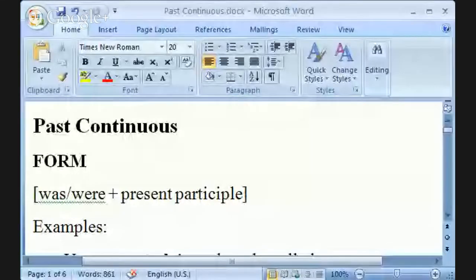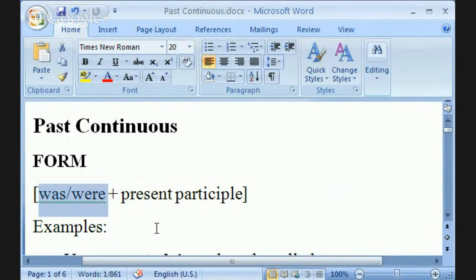Past continuous verb tense is formed by using the past verb to be, either was or were, depending, of course, on if we're talking first, second, or third person. So, for example, I was, he was, she was, it was, singular and plural.